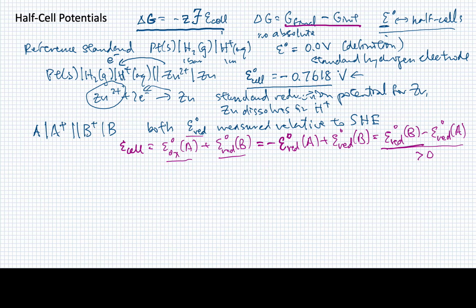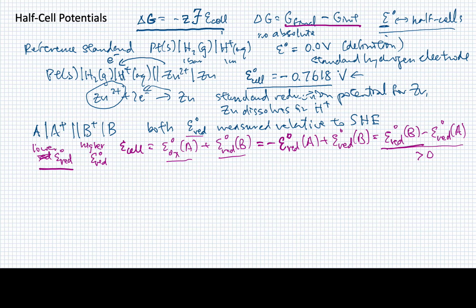So this one is the higher reduction potential, and this one is the lower reduction potential. The lower one is the one that will be oxidized, and the higher one is the one that will be reduced. This gives you a built-in way that you can assess this when you look at the things that are listed in the table.